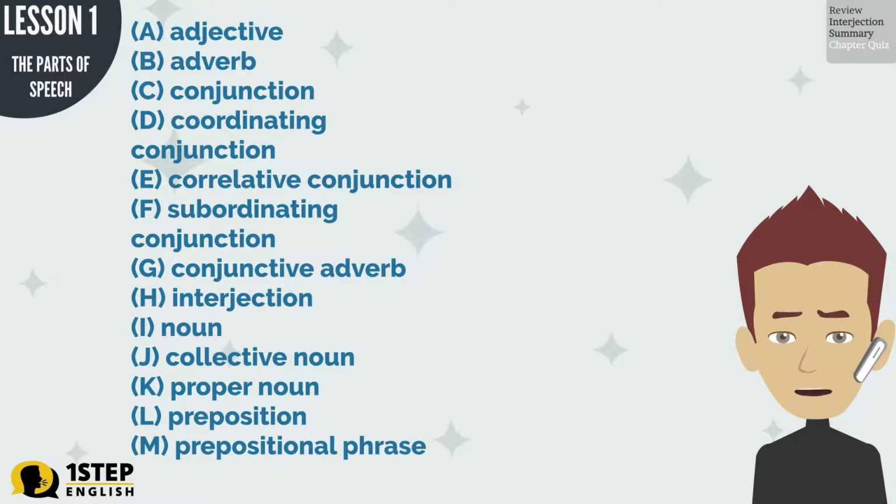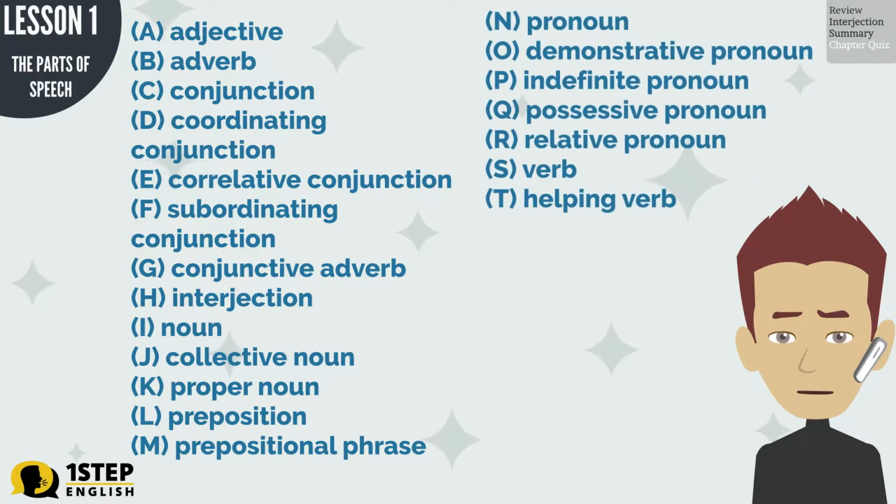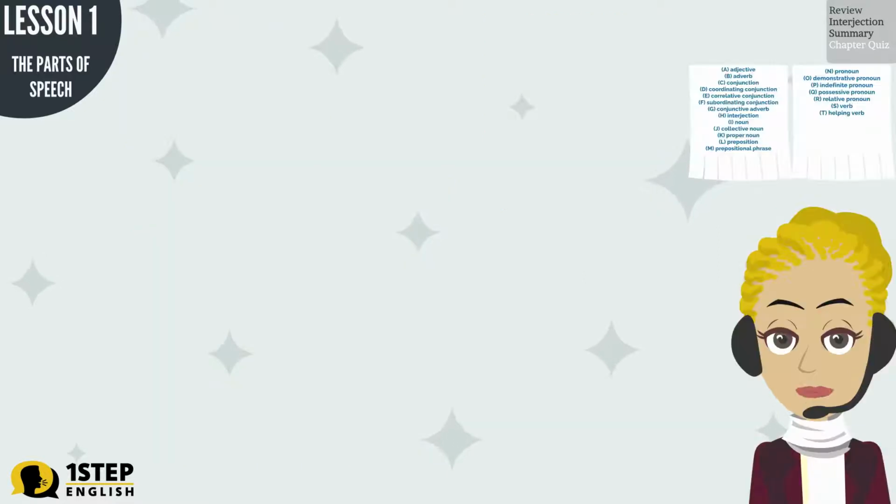K. Proper noun. L. Preposition. M. Prepositional phrase. N. Pronoun. O. Demonstrative pronoun. P. Indefinite pronoun. Q. Possessive pronoun. R. Relative pronoun. S. Verb. And T. Helping verb. 10 numbers for the first paragraph. Good luck.